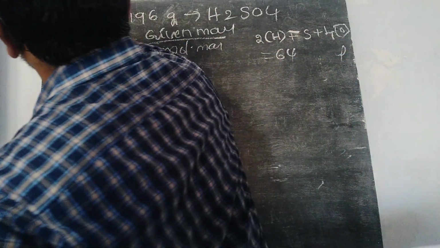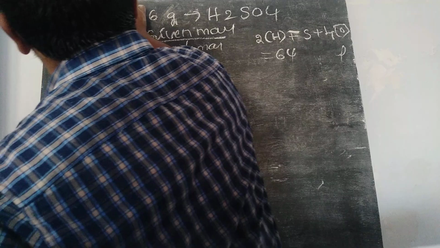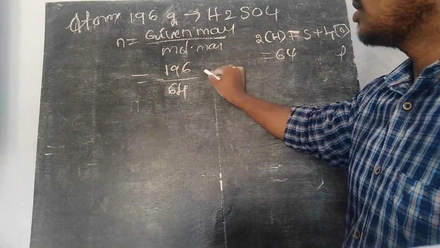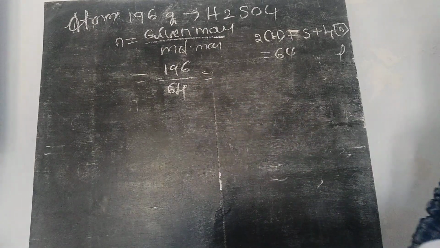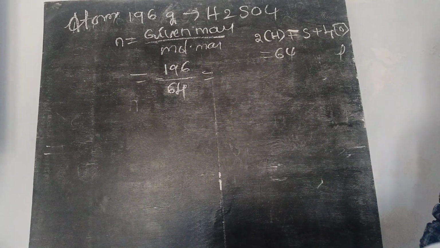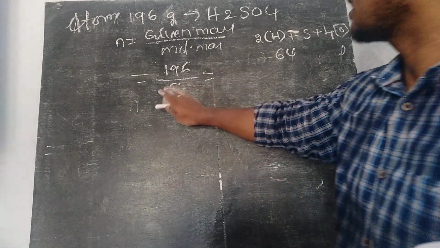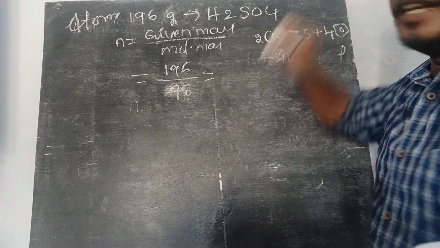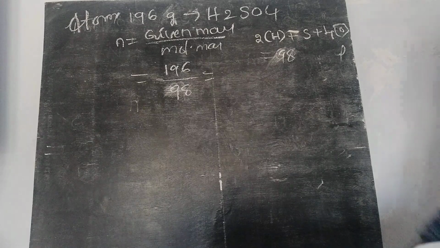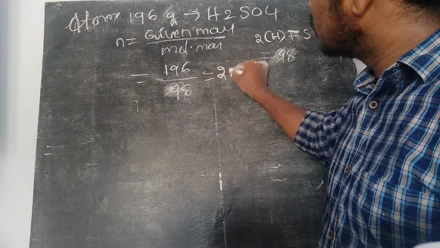Their question is asking the number of atoms in the 196 grams. So how much can you get? 196 by 98, sorry, the molecular mass is 98. So how much are you getting? You are getting 2 moles.